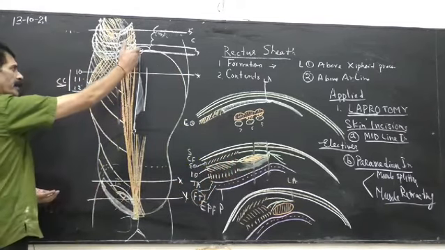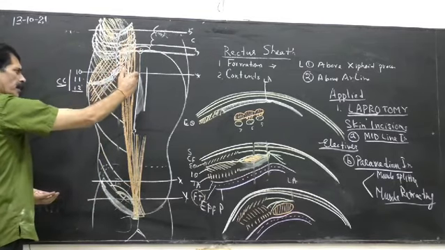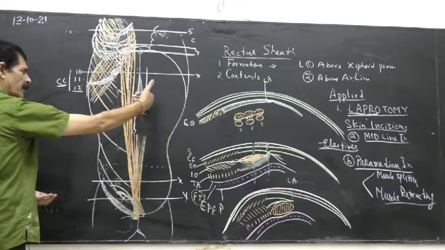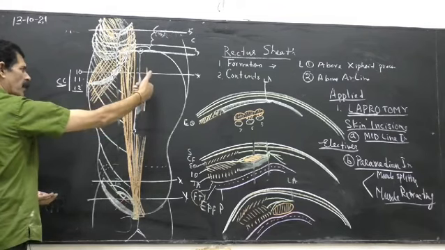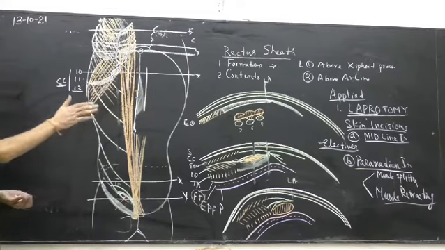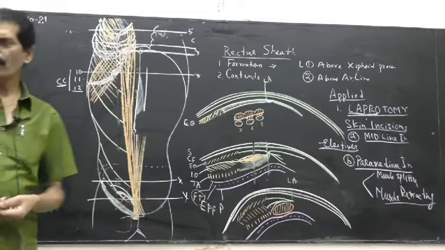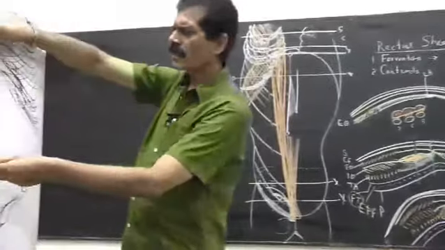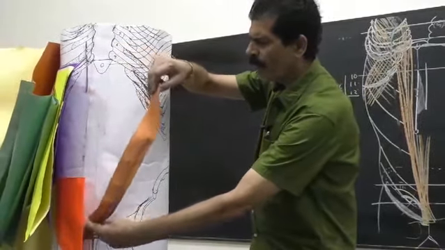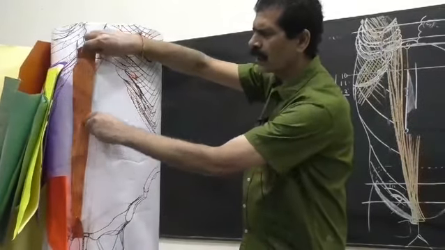Now we mobilize the medial border of the rectus abdominis muscle. We put our hand below the medial border of the rectus abdominis muscle, and we retract it laterally. Very easily, this muscle can be retracted in the operation theatre because its medial border is quite clear.